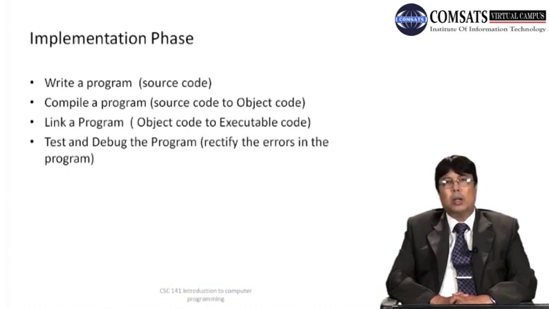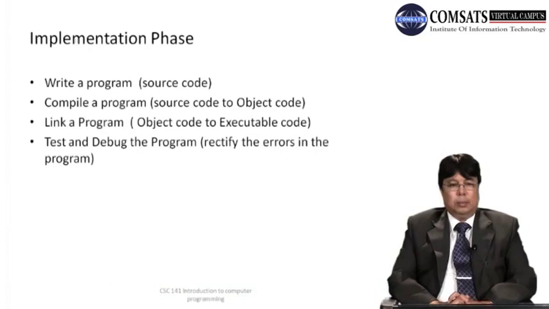Although the object code is understood by the computer, yet it has got some deficiencies. We need to resolve those deficiencies. I will explain what those are and how we can resolve that. So we use link a program that converts object code to executable code. Next, test and debug. Rectify the errors in your program.